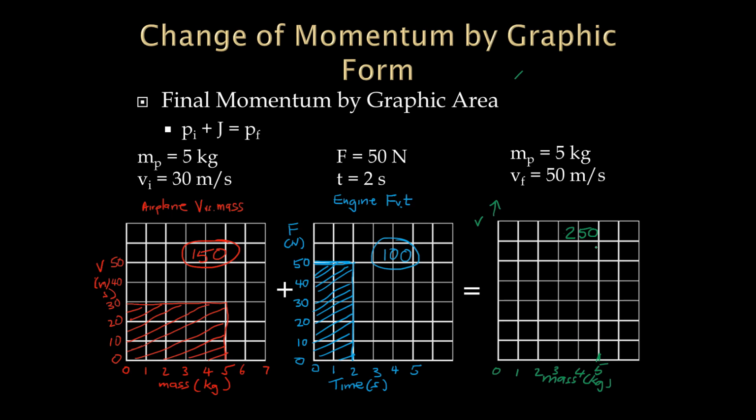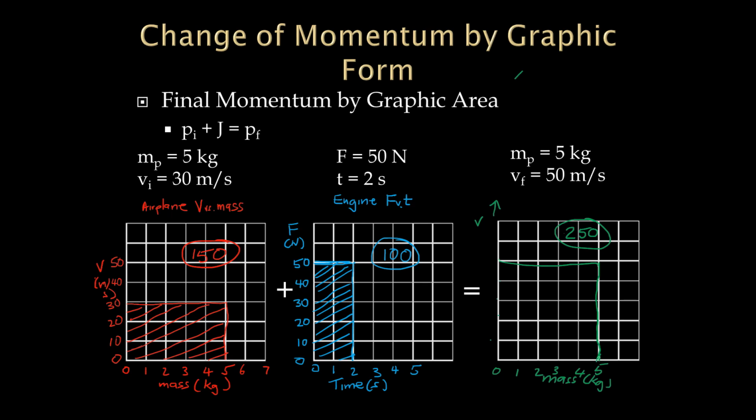Okay, so we could ask ourselves, how high would this rectangle need to be if it has a base of 5 kilograms to have an area of 250, whatever our units are. And we can pretty well see that has to be 50. So 10, 20, 30, 40, 50.